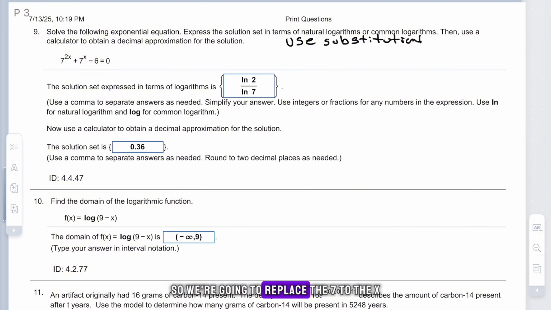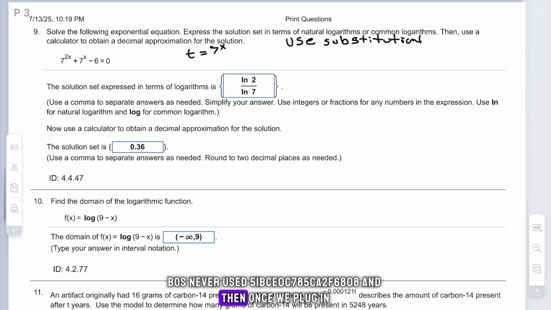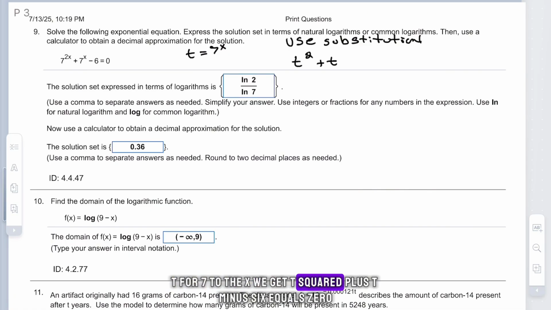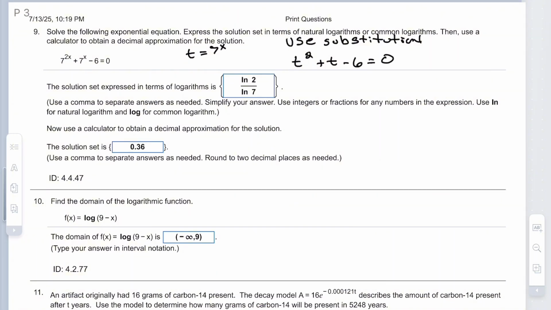So we're going to replace the 7 to the x with t. And then once we plug in t for 7 to the x, we get t squared plus t minus 6 equals 0.